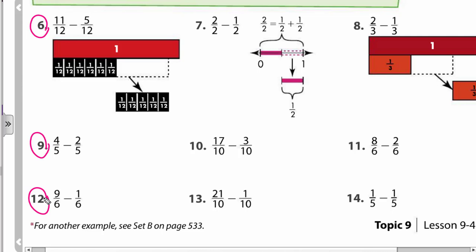Yes, mister. 11/12 minus 5/12. You can see the picture here, of course. If we take away 5/12, we have remaining 6. 6 what? 6/12. Excellent. Thank you, my hero. Great work.